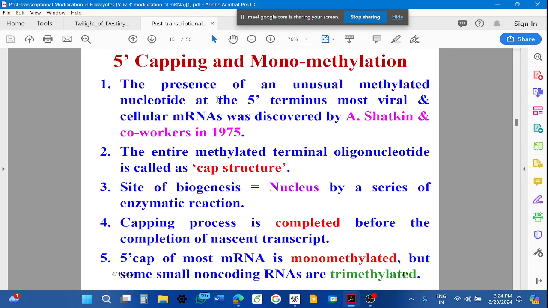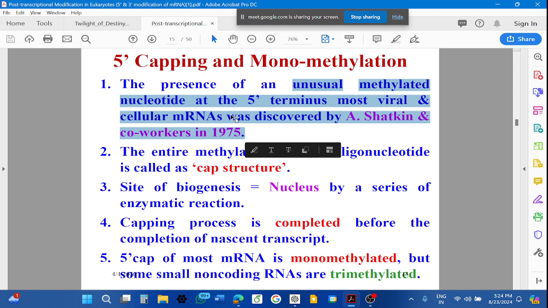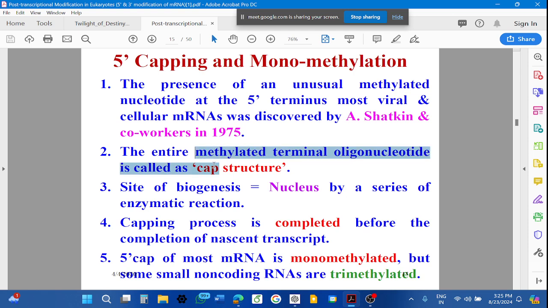A. Shatkin and his co-workers in 1975 found that the 5' terminus in most viral and cellular messenger RNA had this 5' CH3 cap. The entire methylated oligonucleotide is known as the cap structure. It happens in the nucleus.